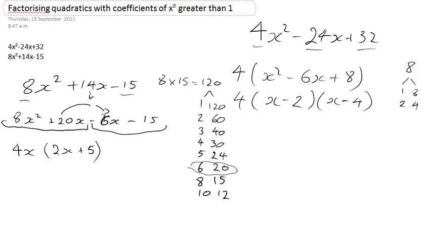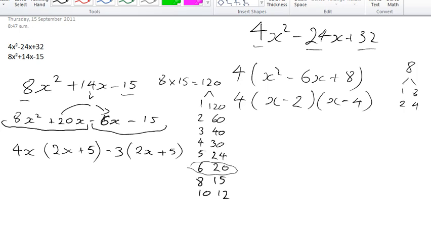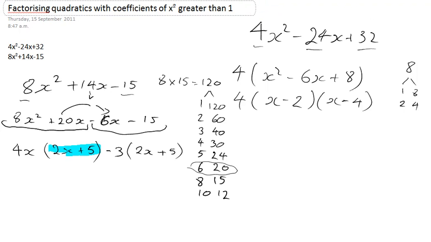My second bit is what can I take out of a minus 6x and a minus 15? Well, that is minus 3. So what's left is 2x, and taking minus 3 out of minus 15, I get a plus 5. Now notice how my brackets here are the same.